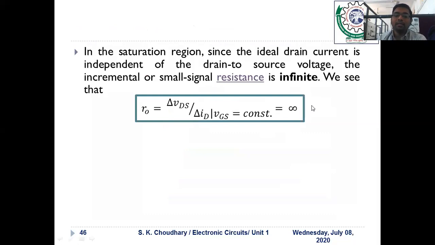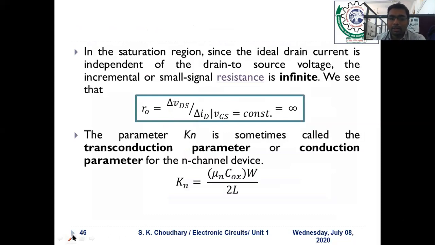Now see what is the meaning of Kn in the formula of the current. Kn is called the transconductance parameter or conduction parameter for an n-channel device. The formula of Kn is mu n Cox W by twice of L. So what is mu n here? Mu n is called the mobility of the electron. What is Cox here?